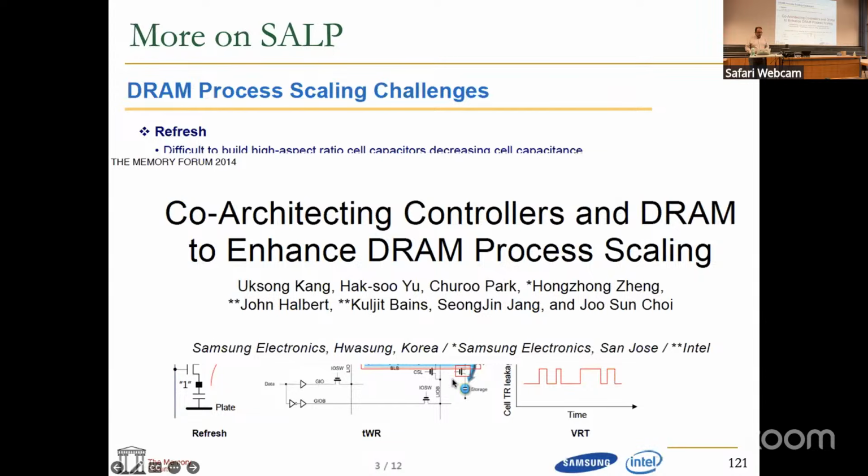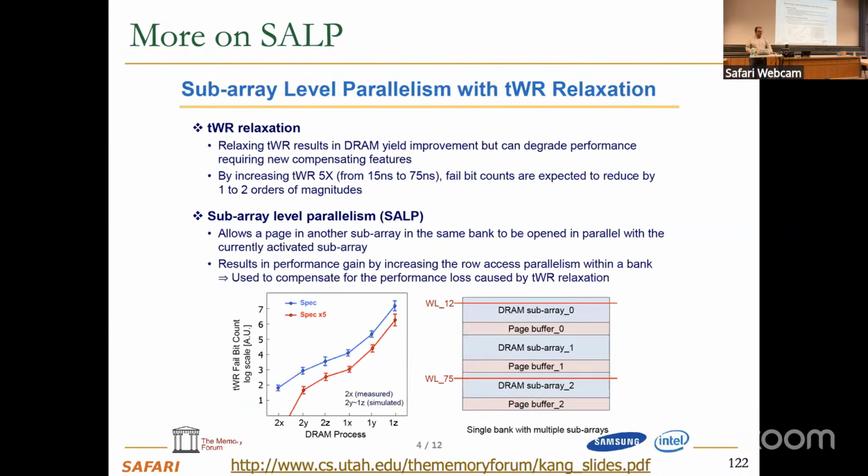Interestingly, also in this paper, which I discussed yesterday, I talked about a story that people from Samsung and Intel wrote this paper together. In this paper, they also discuss the SALP paper, subarray-level parallelism, and they wanted to use subarray-level parallelism for another reason. They discuss the latency for write restoration. They wanted to increase that latency and make it more relaxed to make sure that the reliability of the subarray is better.